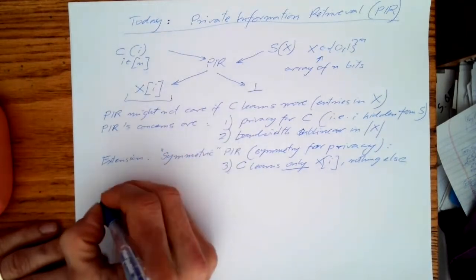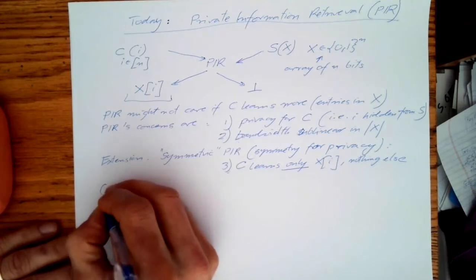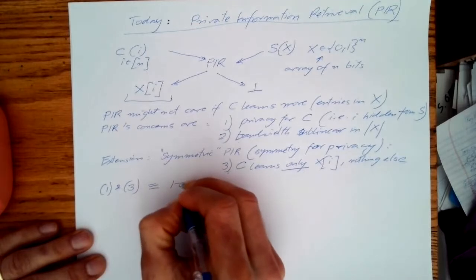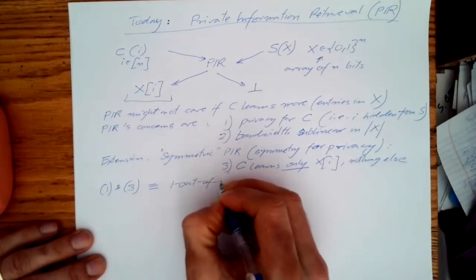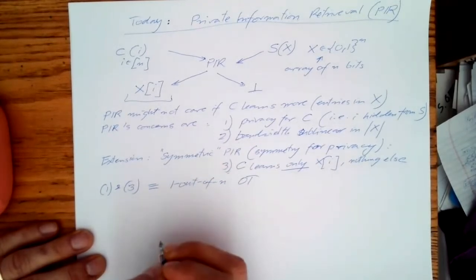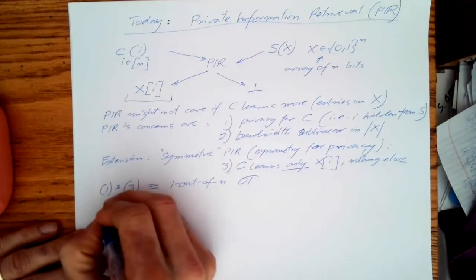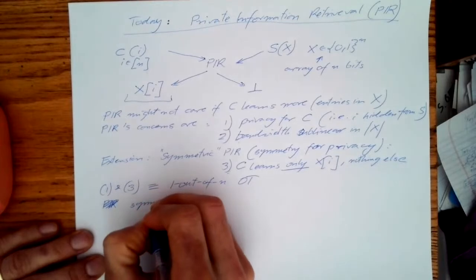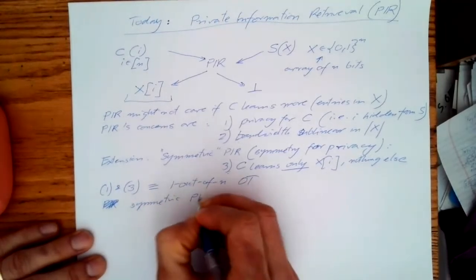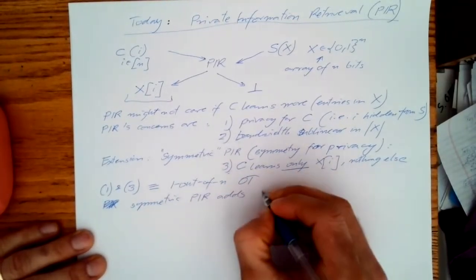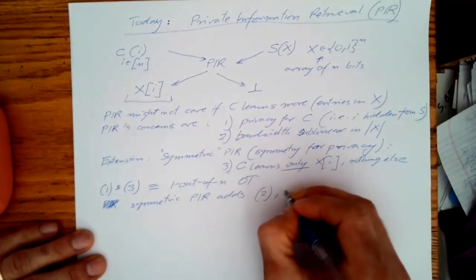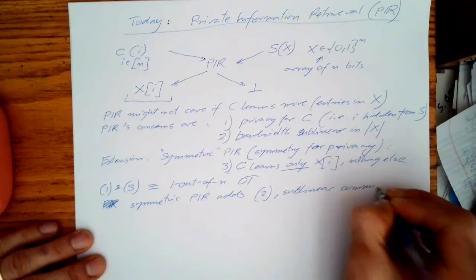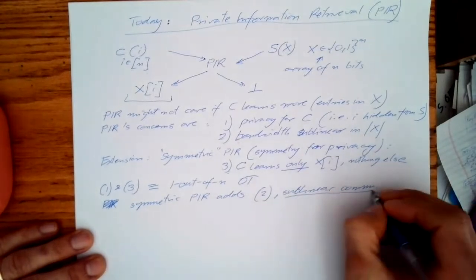So 1 and 3 define basically 1 out of n OT, right? But symmetric PIR adds the sublinear communication to OT.